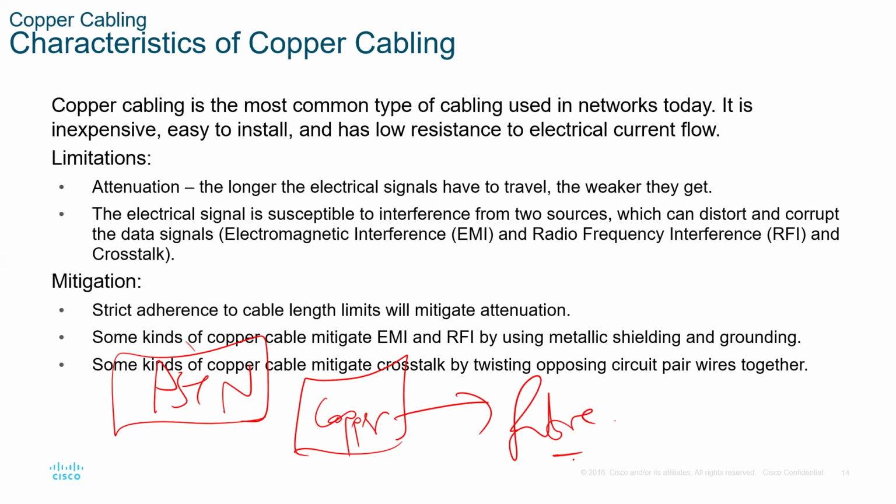That requires a lot of bandwidth, which copper does not have the capacity for. That's why some of the links in the PSTN are being replaced with fiber. So copper cabling is the most used because it's cheap and easy to install.